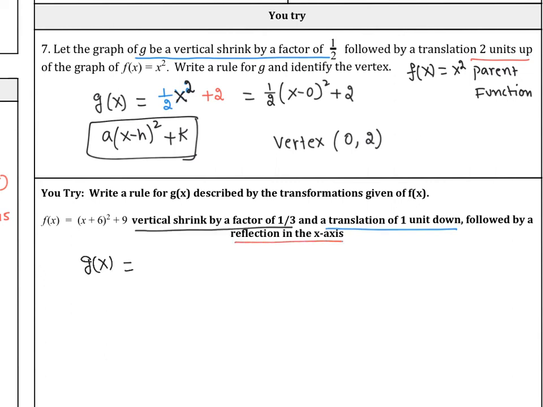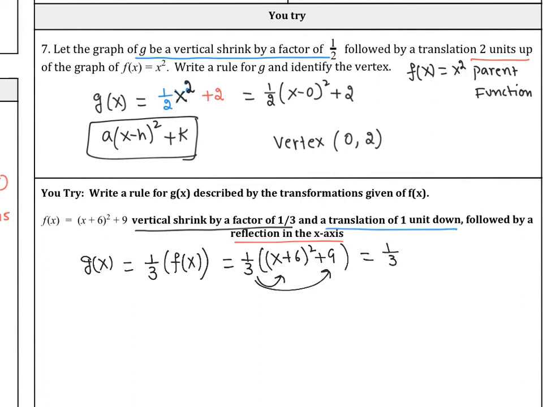Let's do the first step, vertical shrink by a factor of 1 over 3. We multiply the entire function f(x) by 1 over 3, distributing it inside.